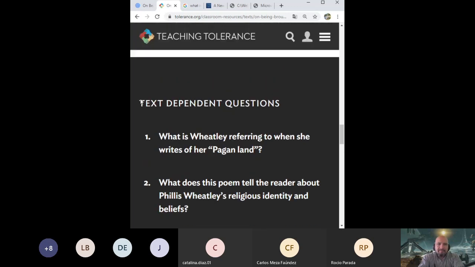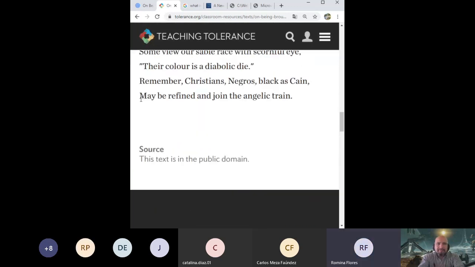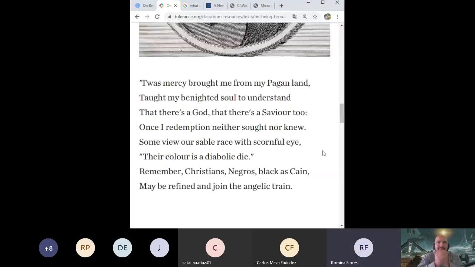I was thinking about, like, she's talking about mercy, but while I was reading about the background information about this period of time, I found that the transatlantic slave trade was really brutal in some cases.